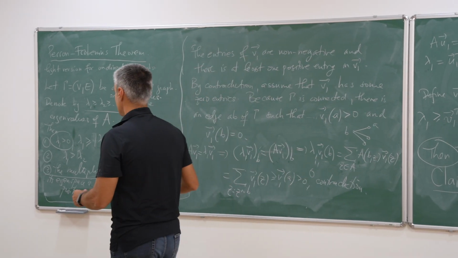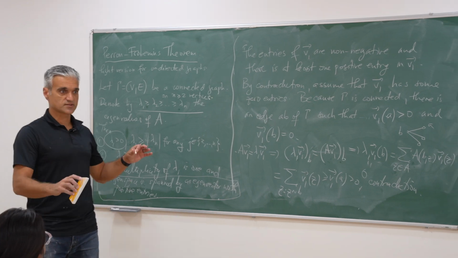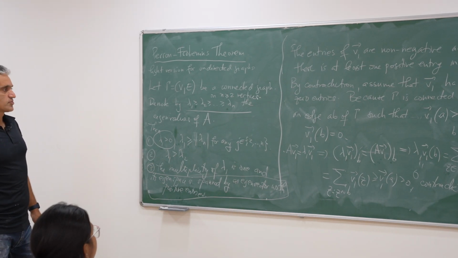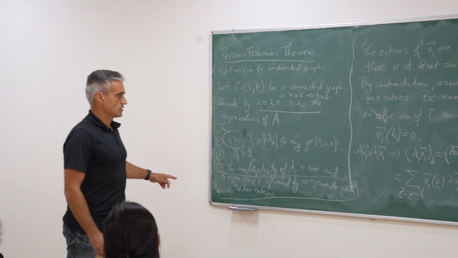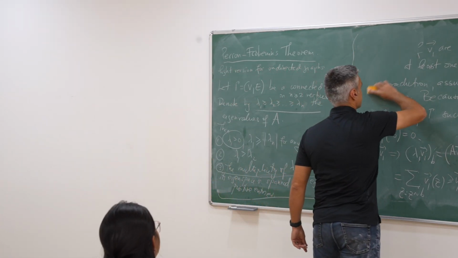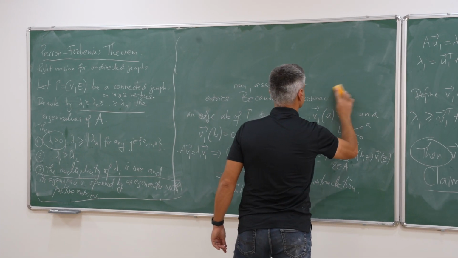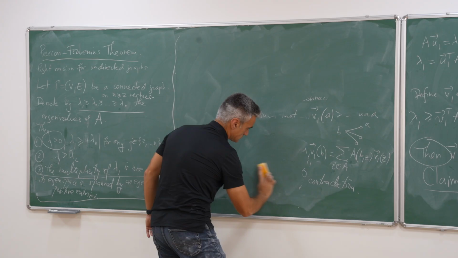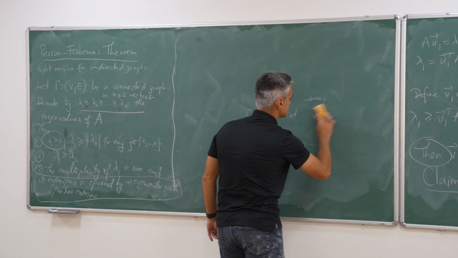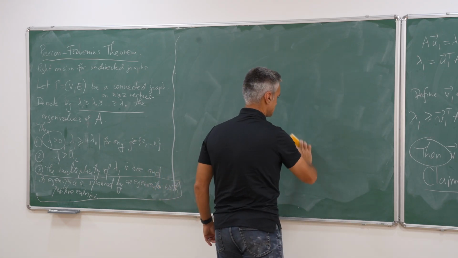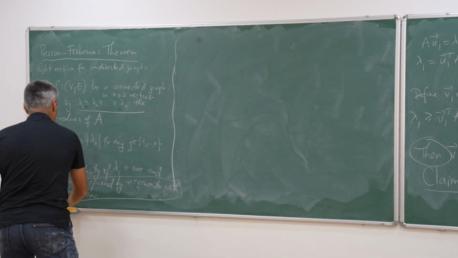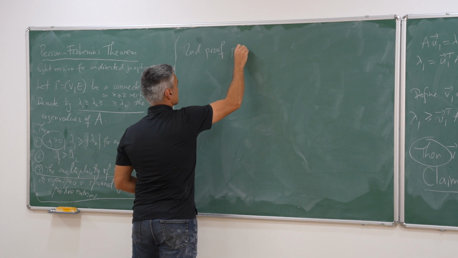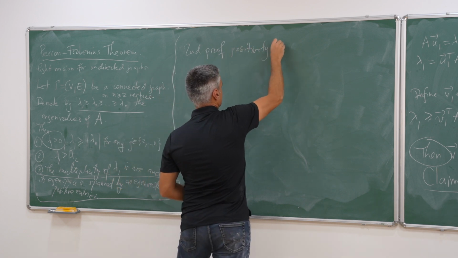So this one is kind of dealing directly with these eigenvectors and zeros and positive and so on. I'll just erase here. So maybe second proof, positivity of U1.